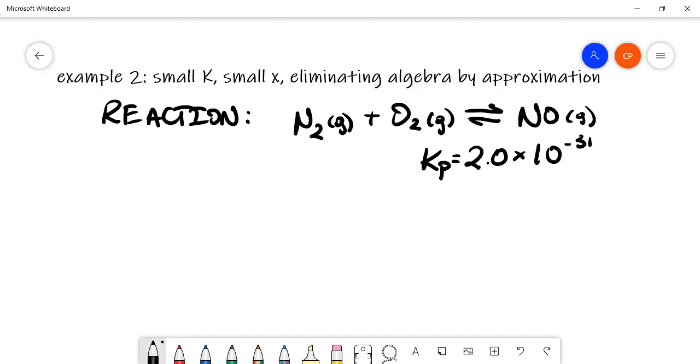Small to the tune of 10 to the minus 31. We all know how big a number 10 to the minus 31 is. Yes, it's puny. Okay. And the fact that that's so small is going to be built into our thinking as we move forward.